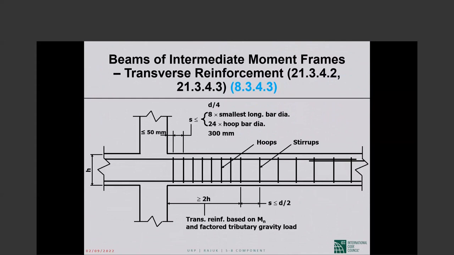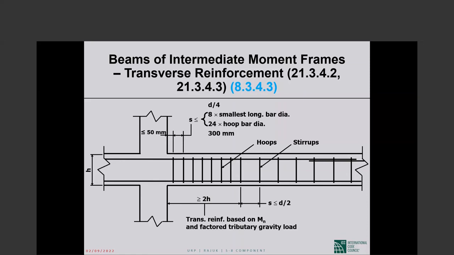Transverse reinforcement for the intermediate moment frame beam. We consider the same region of potential plastic hinging at each end, twice the overall depth of the beam. Within that, we now require, when I say now, ACI 318-08 required it, I don't remember which edition, but before a certain edition those could be stirrups.